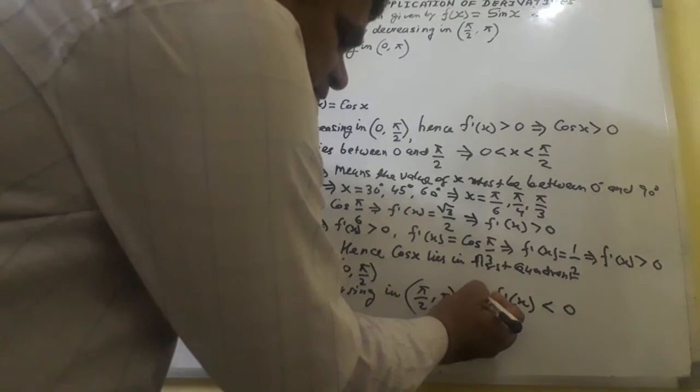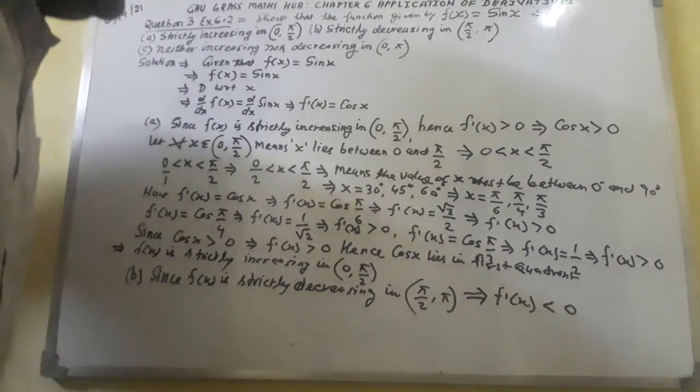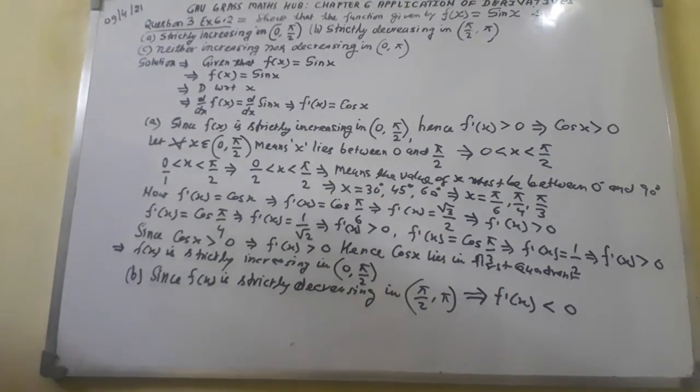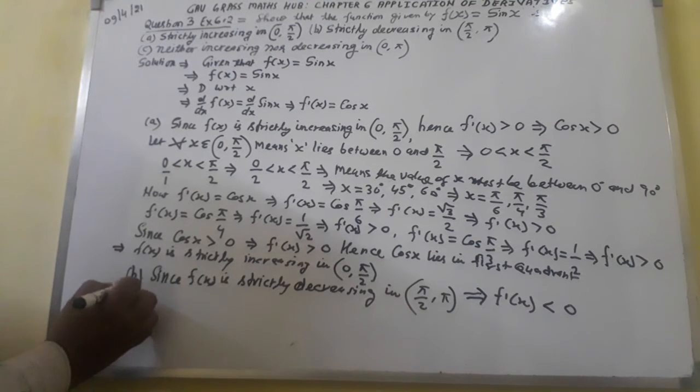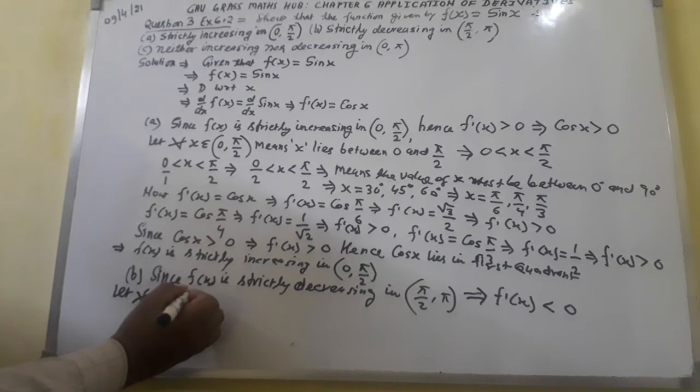This identity we have got. Now again I shall write, let for all x belong to open interval pi by 2 comma pi.